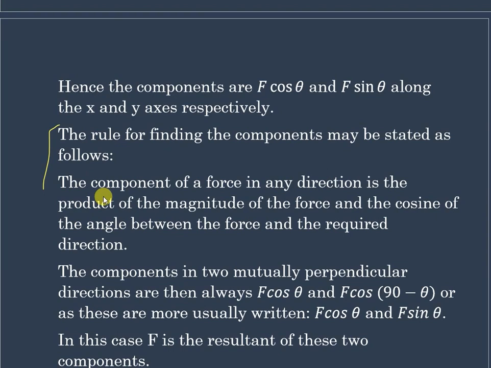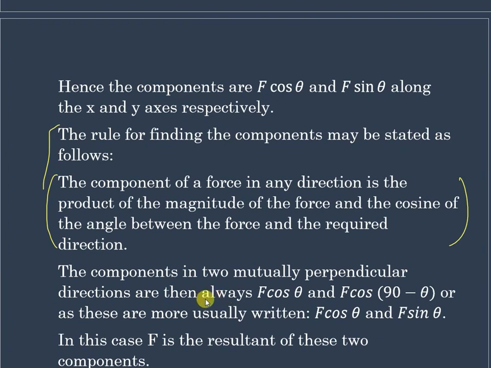The component of a force in any direction is the product of the magnitude of the force and the cosine of the angle between the force and the required direction. Take note of this statement.